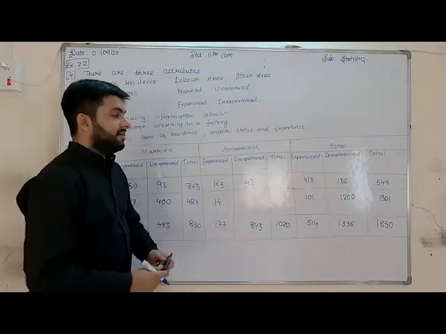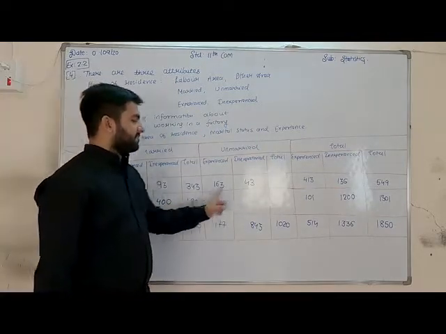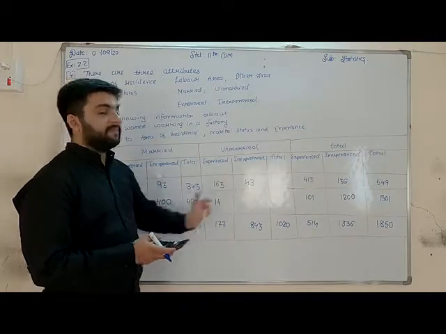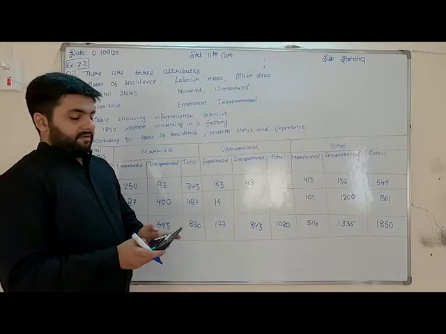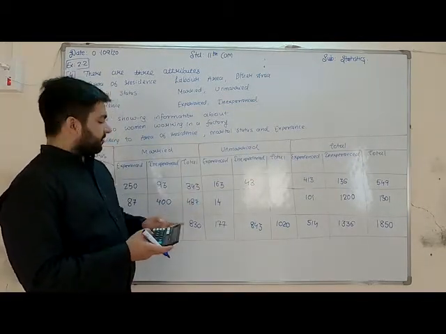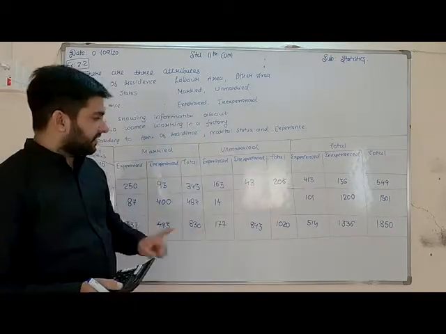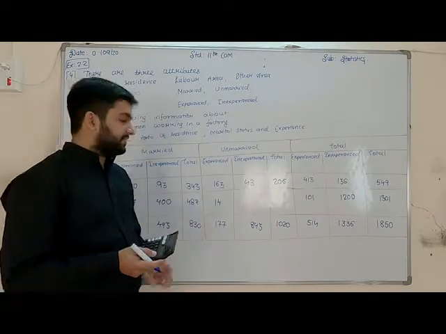What I have done? Inexperienced 136 minus 93, subtraction, and again you can make total 93 plus 43, it will be 136 there. Again the same way, 549 are total from labor area, 343 are married, so remaining 206 are unmarried. Otherwise you can take 163 plus 43, it will be 206 itself.